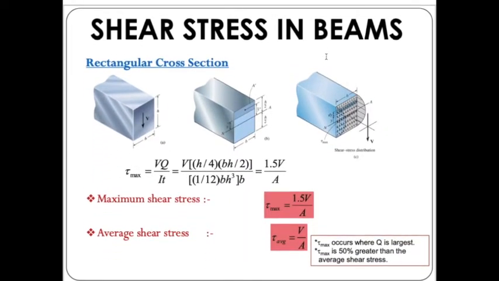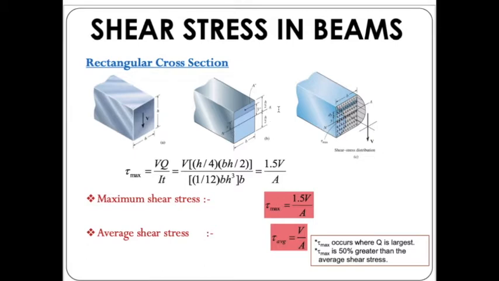Now, shear stress in beams. As you can see here, this is the principal application for a rectangular cross section, where tau maximum can be calculated using the equation VQ divided by It. If we are required to determine this tau maximum at a certain point, then for this example, tau maximum happens right in the middle, which is the center of this rectangular section.